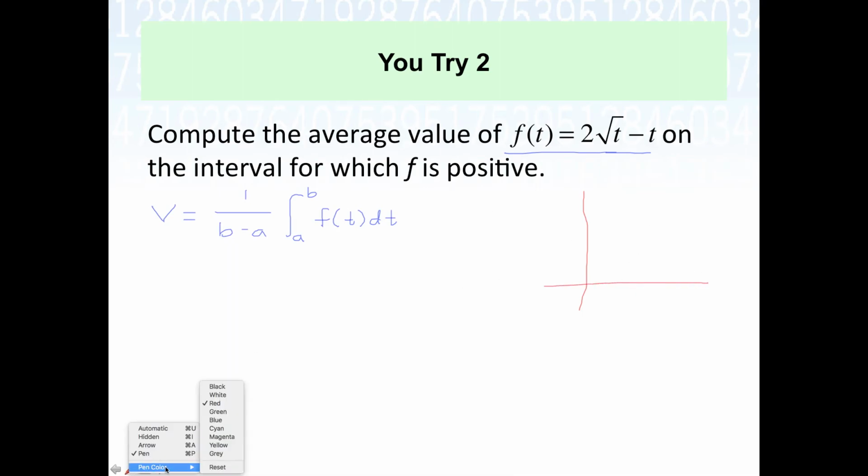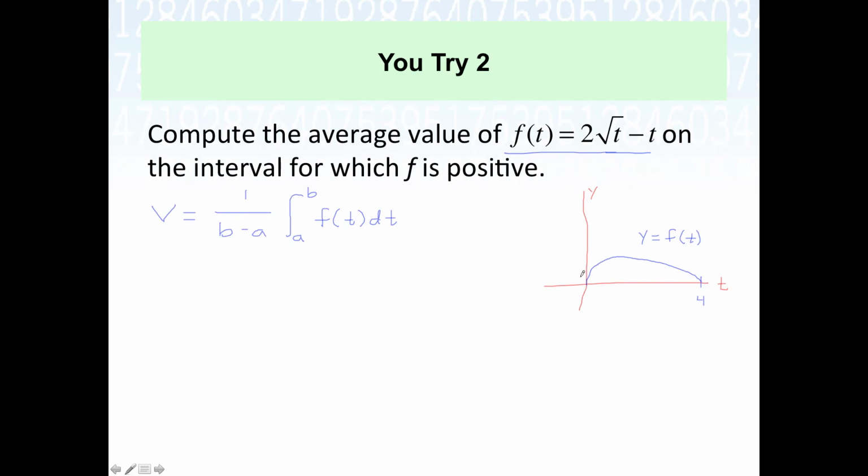And if we take a quick look at the graph, it does something a little bit like that. And where it touches the x-axis is out here at 4. So here's a graph of y equals f of t. So if we take that graph at face value, then the places where this is positive are between 0 and 4.